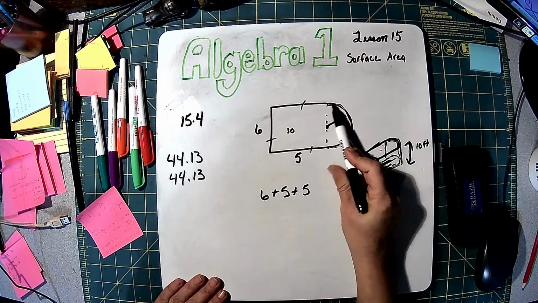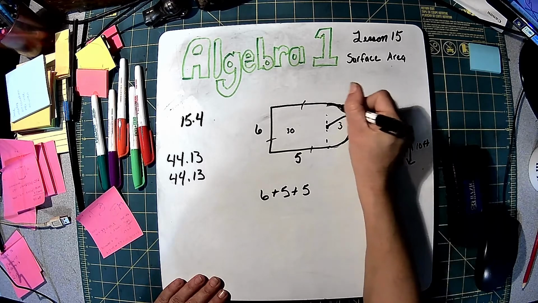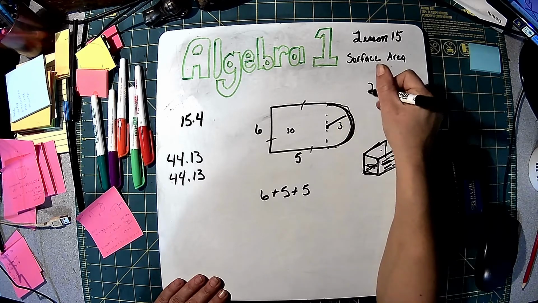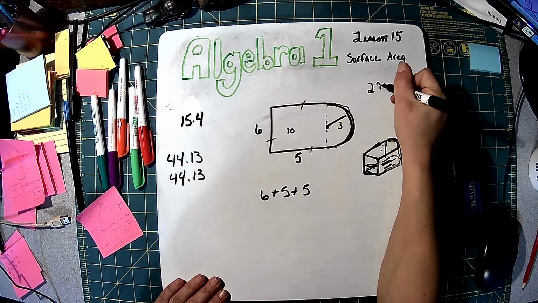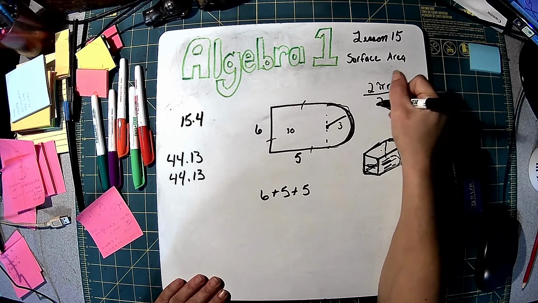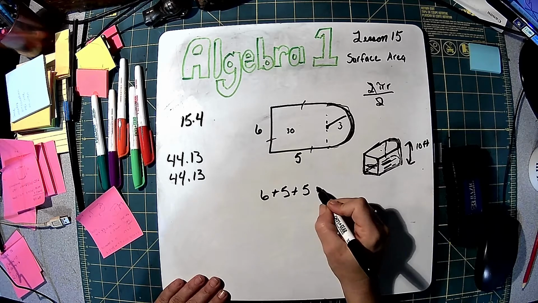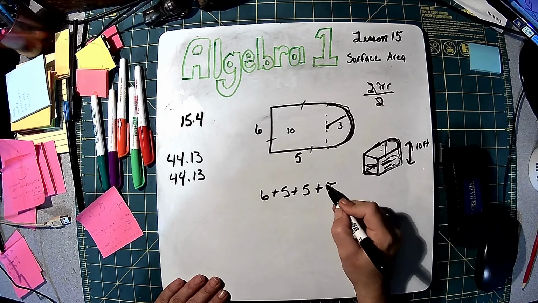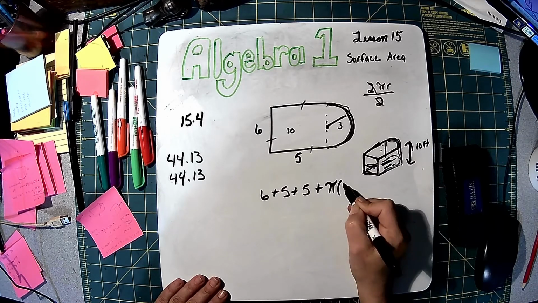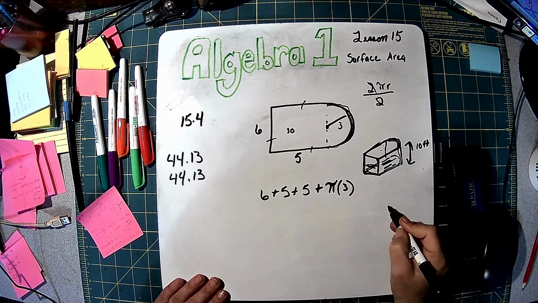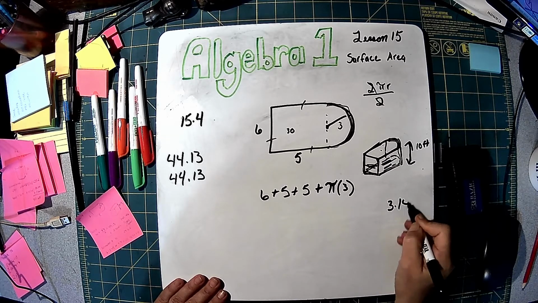The circumference of a circle is 2 pi r, but we're dividing that by 2 because we only have half a circle, so it's pi r. So that would be plus pi times 3.